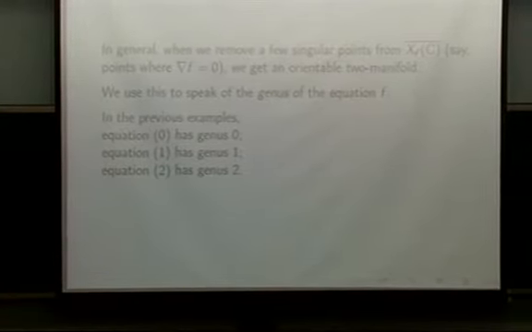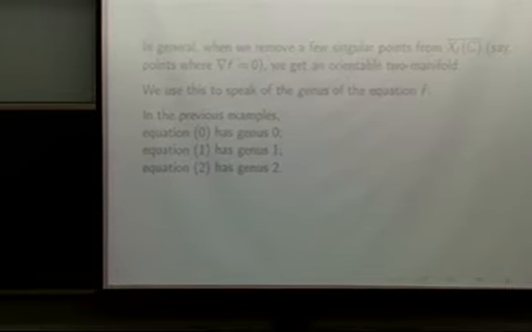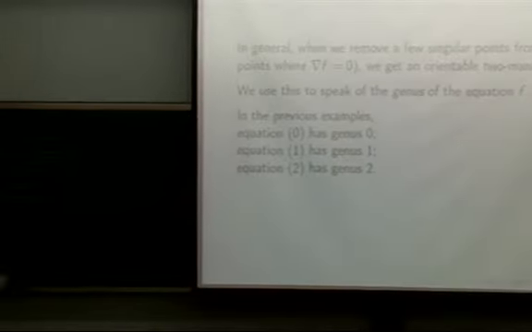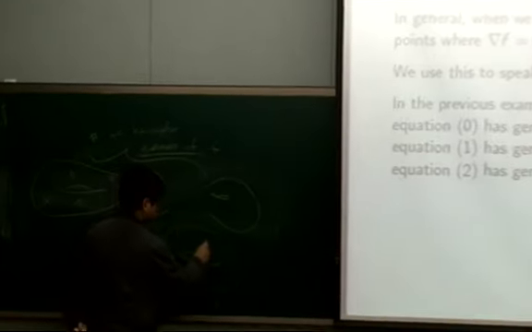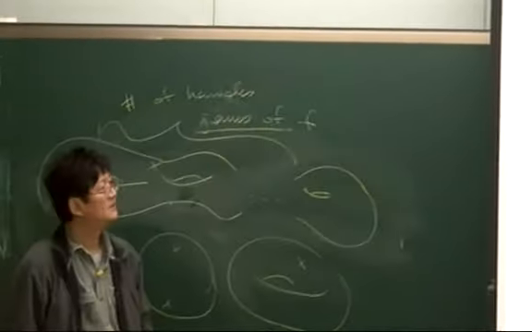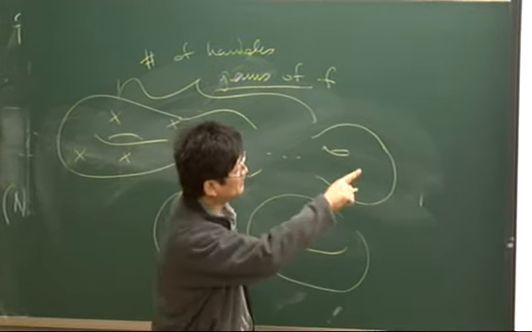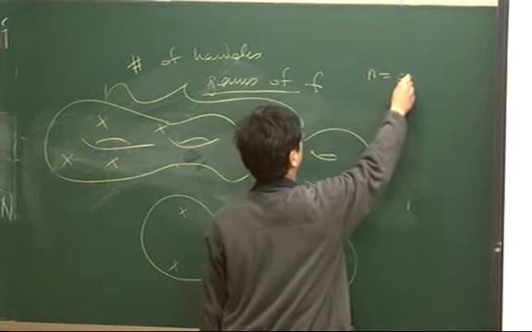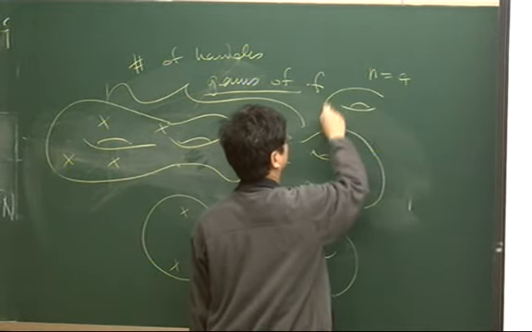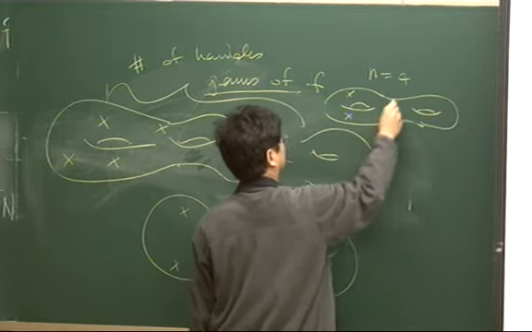Precisely, equation 0, if you look at it, becomes a sphere minus 2 points. And equation 1 became a donut like this minus 1 point. But equation 2, oh sorry, I should have said this is for n equals 4. Equation 2 for n equals 4 becomes a picture like this with, I think, 4 points removed.